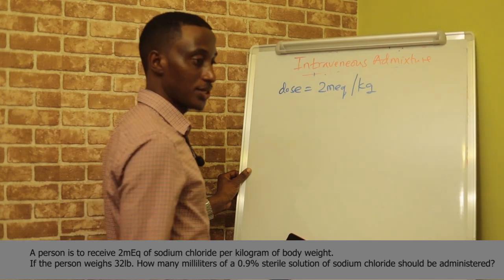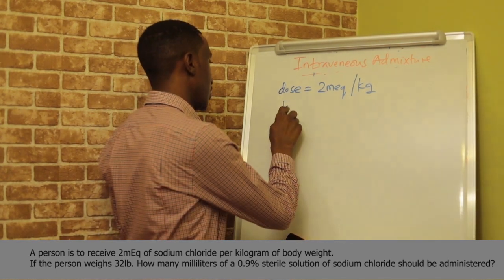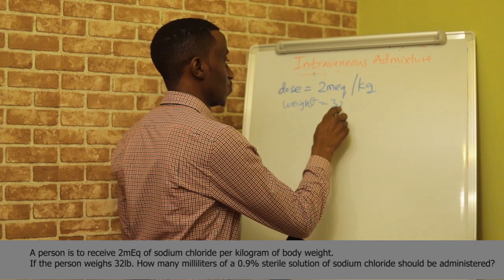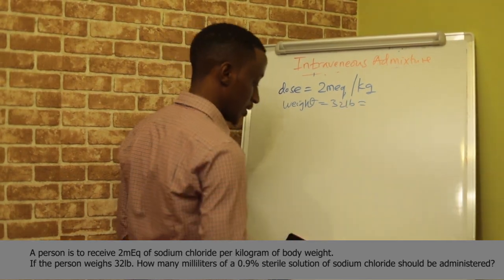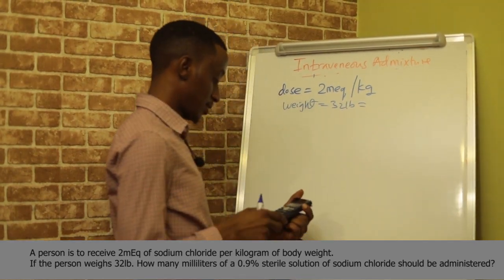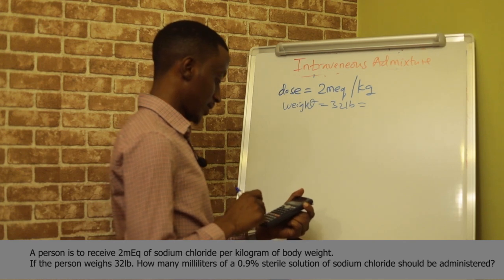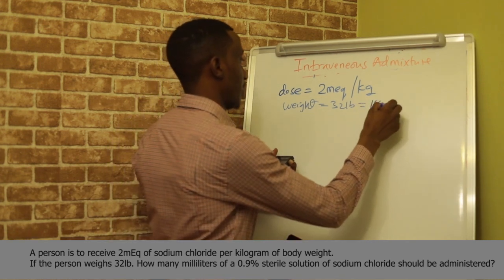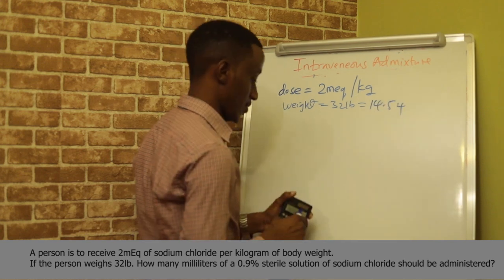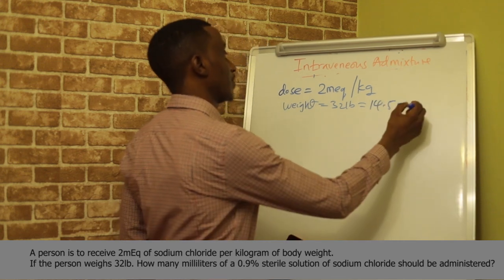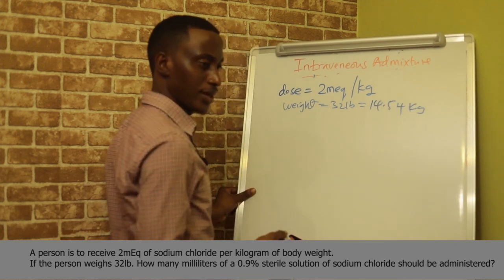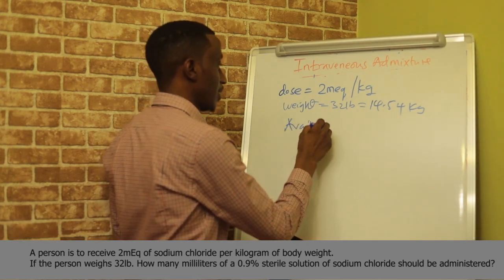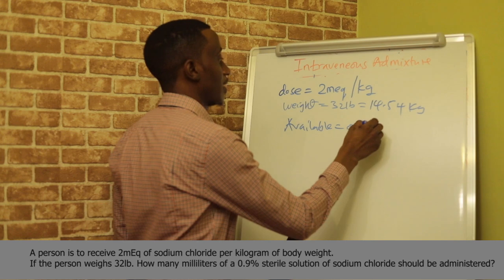Okay, if the patient weighs 32 lb, converting to kg, divided by 2.2, it is 14.54 kilograms. Then the available injection of sodium chloride is 0.9%.